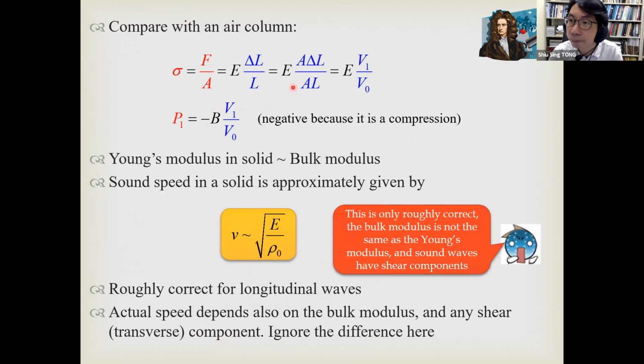Now we derive the expression for what happens when the metal gets compressed. We know that for a solid, you have the stress equal to F over A, and by previous discussion, F over A is proportional to delta L over L, and the proportional constant is the Young's modulus E. Now if I multiply the numerator and the denominator by the cross-sectional area A, A multiplied by delta L is a change in volume V1, and A multiplied by L is the original volume V0.